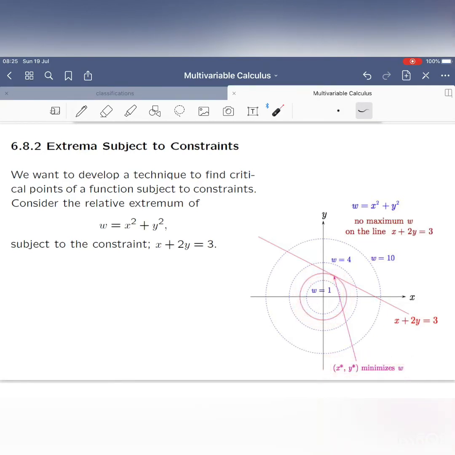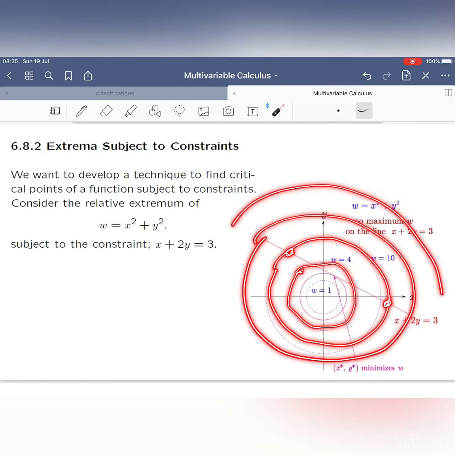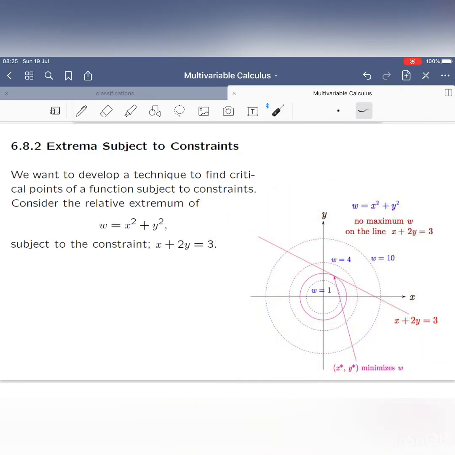However, as your circle gets bigger and bigger, you get more and more value of w, right? And your circle can keep getting as big as you can imagine. So w can be regarded as a radius squared, or as the size of the circle.